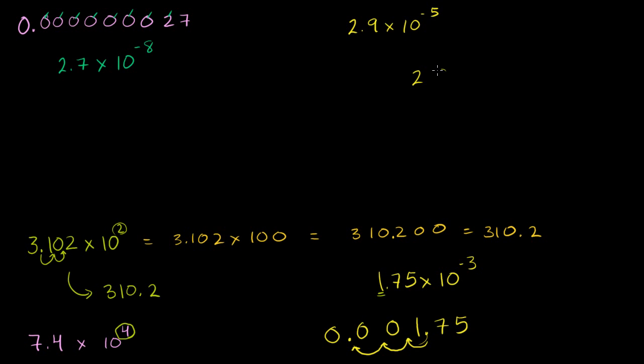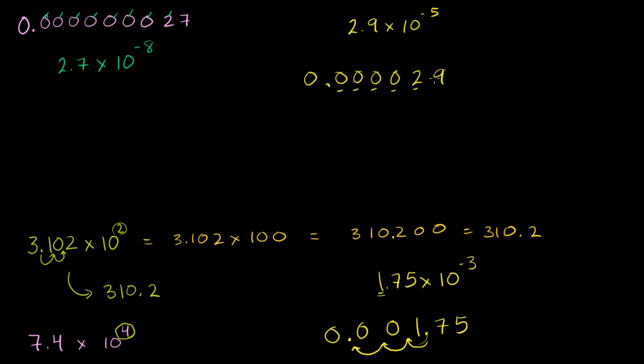So you have a 2 and a 9, and then you're going to have 4 more zeros: 1, 2, 3, 4, and then you're going to have your decimal. And how did I say 4 zeros? Because I'm counting this as 1, 2, 3, 4, 5 spaces behind the decimal, including the leading numeral. And so it's 0.000029.